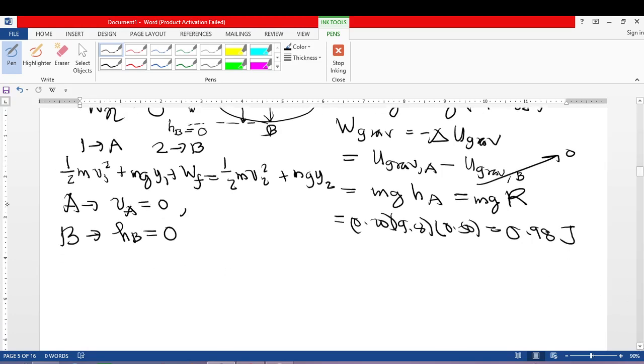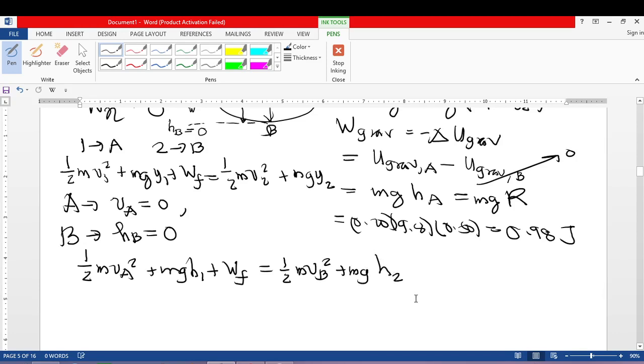So evaluate: 1/2 mvA squared plus mgy1 plus the work done by the friction is equal to 1/2 mvB squared plus mgy2, with hA for the first and hB or y2 for the second. At point A there is no velocity, so this is 0.